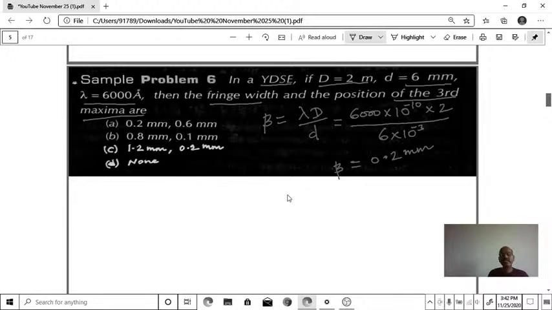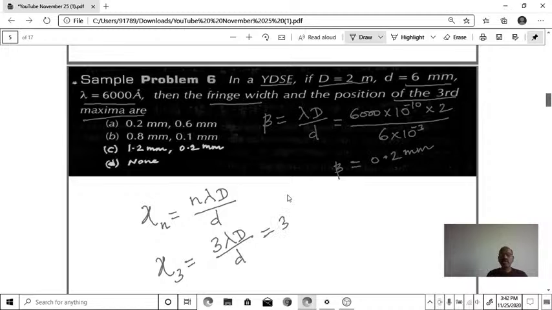Now the position of third maxima. Position means distance. X_n equals n lambda D by small d. Position of third maxima, so x3, n is 3, equals 3 lambda D by small d. As we know, lambda D by small d is nothing but fringe width, so I will write it as beta.